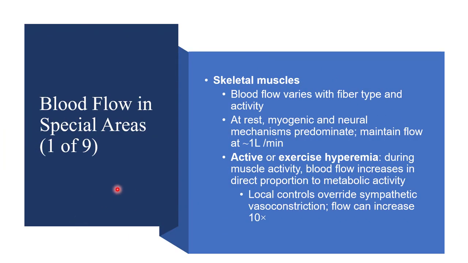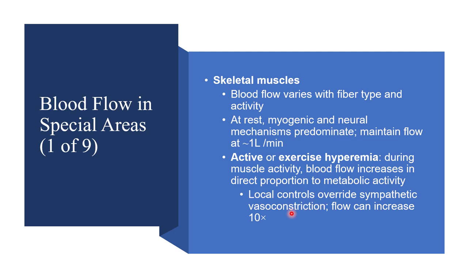Now, let's take a look at blood flow in special areas. For instance, in the skeletal muscles, blood flow varies with fiber type and activity. At rest, the myogenic and neural mechanisms will predominate and maintain flow at 1 liter per minute.